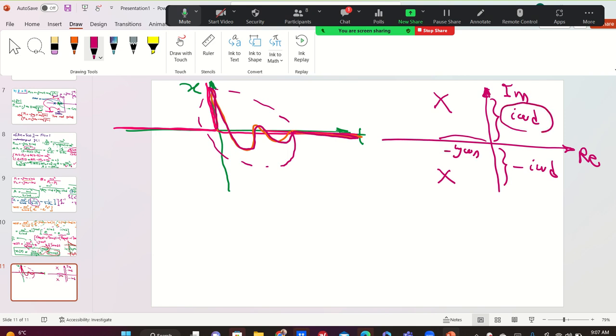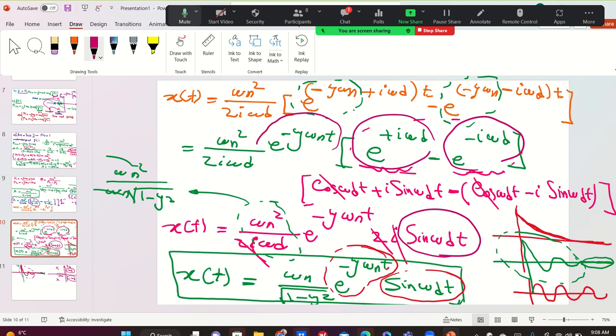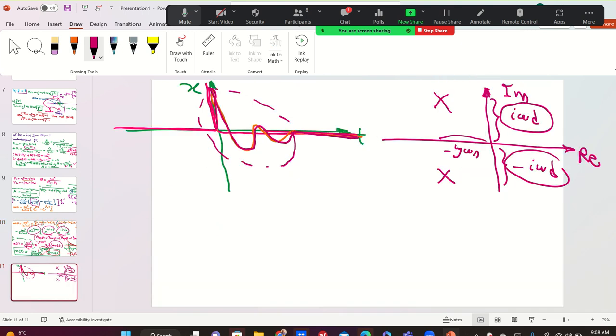This imaginary part ended up as sine, the oscillating part. The real part ended up as the decaying part. So, because you have a pair of complex conjugate poles, you have a transient that oscillates and then converges to 0 because of this real part. See what I'm saying?